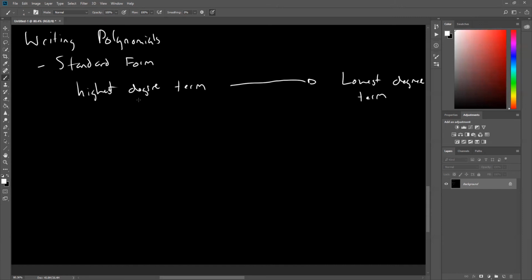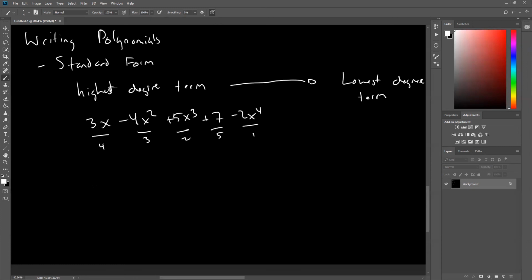For example, if we had 3x minus 4x squared plus 5x cubed plus 7 minus 2x to the fourth. I first find the highest degree, which is negative 2x to the fourth, so I can write a 1 on this. You don't need to because it comes instinctively, but for the sake of the example, I'll show you. Second highest term is 3, third highest term is 2, fourth highest term is 4, and last term is 5.